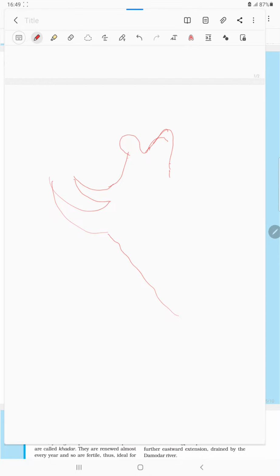In this region, that is the Tibet region, here is the source of one river, the Indus, which enters India and then flows in Pakistan and falls down here.